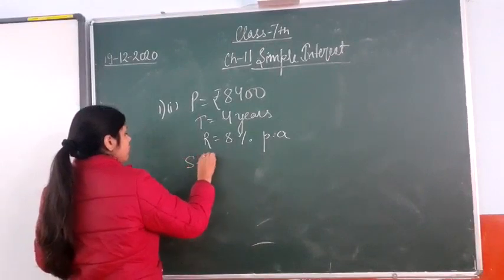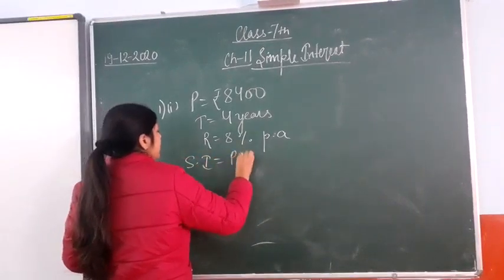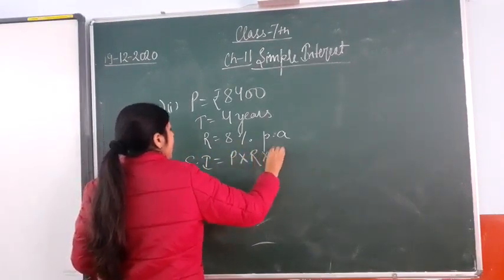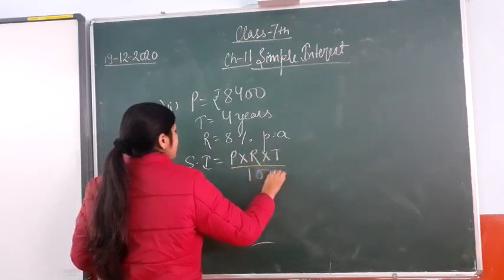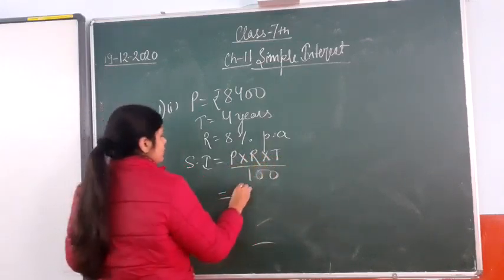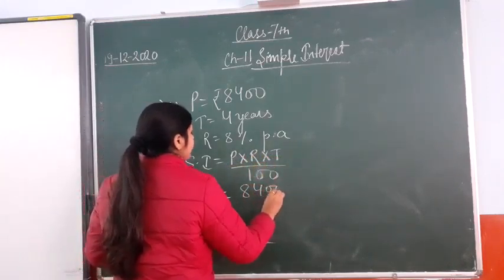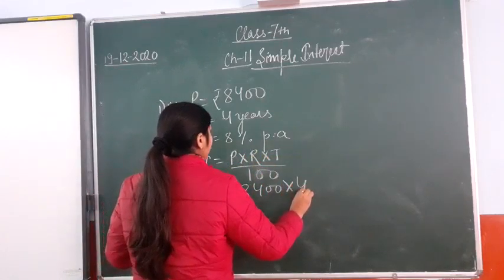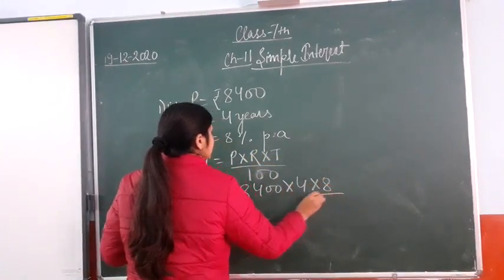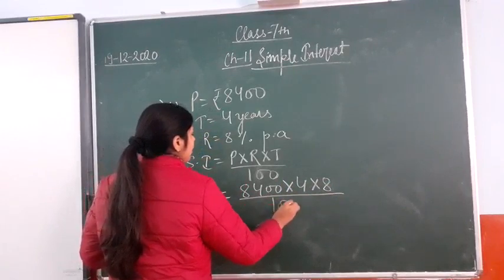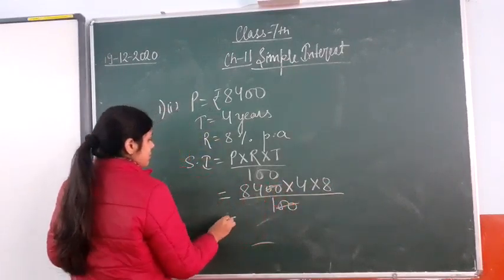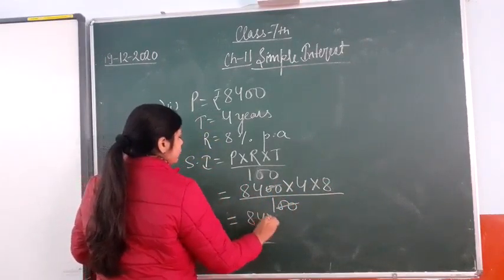So you know the formula, simple interest is PRT upon 100. Put the values. 8,400 into 4 into 8 upon 100. This gives 84 into 32.